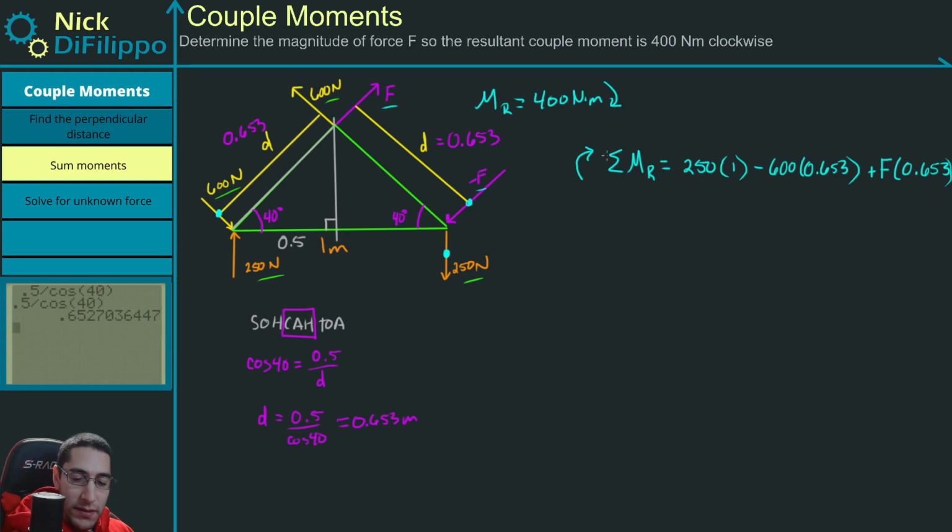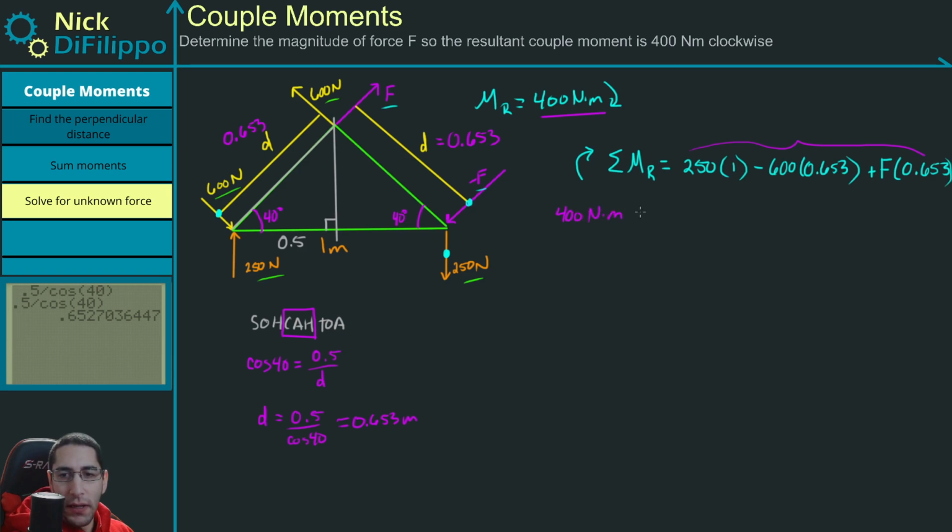All right. Now I can solve for this unknown force. I want this side of the equation to equal 400 Newton meters. So 400 Newton meters is equal to 250 times 1 minus 600 times 0.653 plus 0.653F.